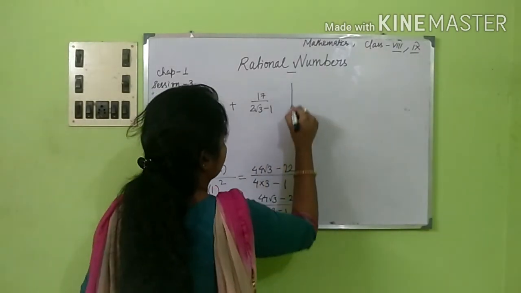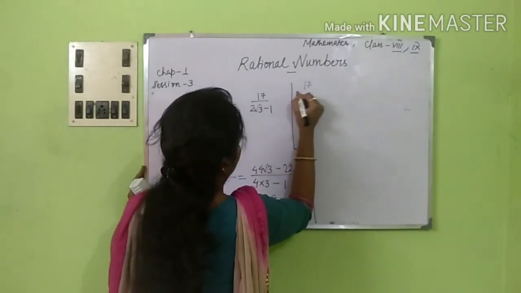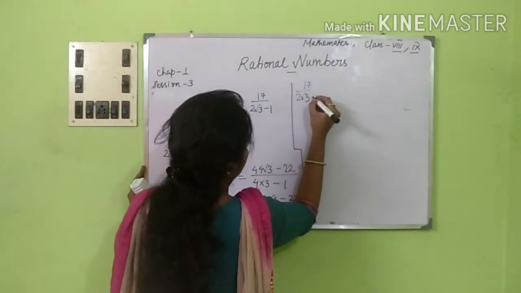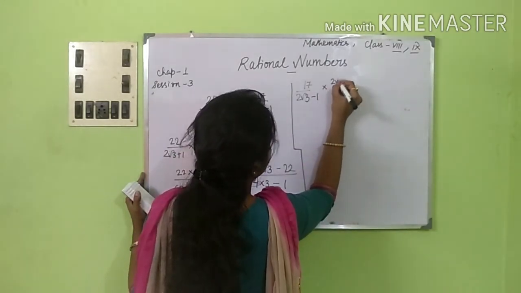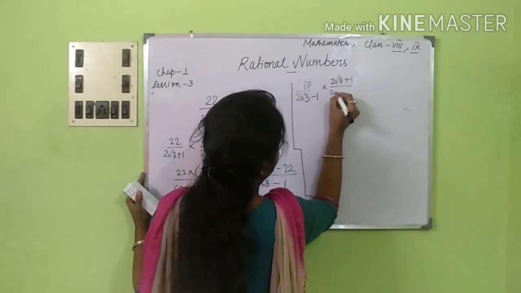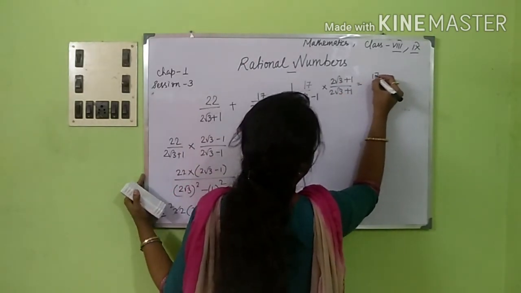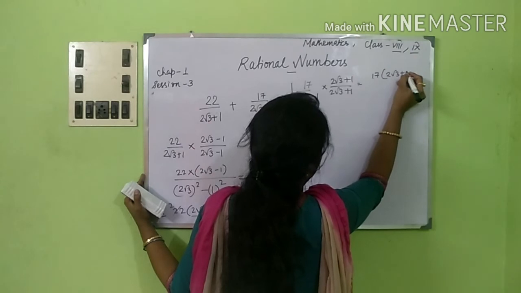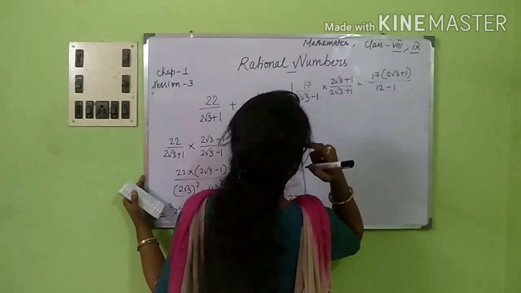Next part, we are going to have 17 by 2 root 3 minus 1 into 2 root 3 plus 1 by 2 root 3 plus 1. We are going to have 17 into 2 root 3 plus 1 divided by, this is going to come 12 minus 1.